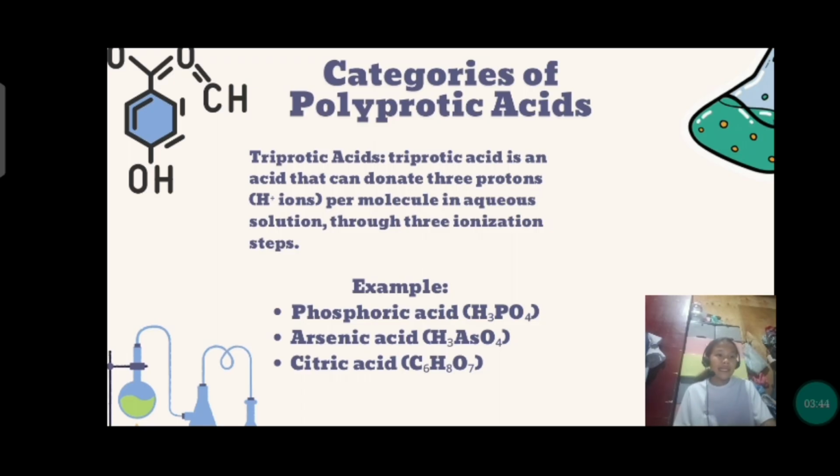This one is released last and it is the hardest to remove. These are its examples: phosphoric acid, H3PO4; arsenic acid, H3AsO4; citric acid, C6H8O7. In short, diprotic acids release 2 ions in 2 steps. Triprotic acids release 3 ions in 3 steps.